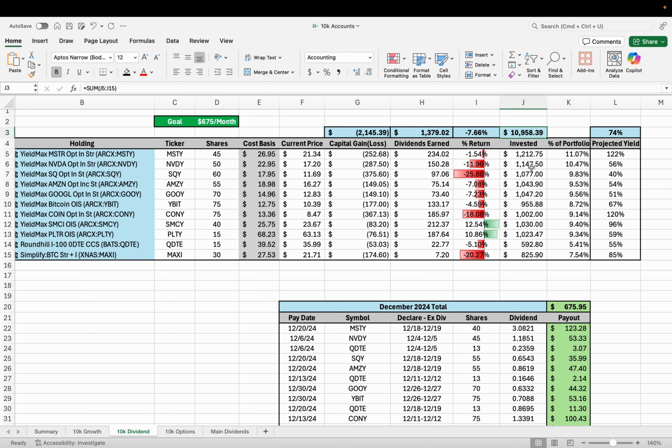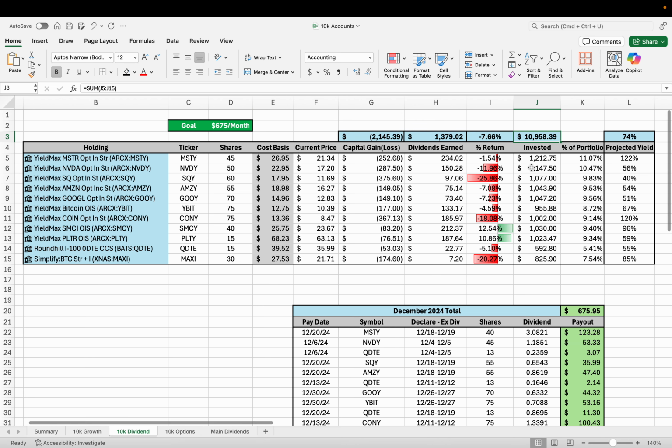So I think earning $600 on that $11,000 total investment, obviously starting at an original balance of $10,000, but I think earning $600 on an $11,000 investment per month is still very good income. It's a great passive income generator, in my opinion.